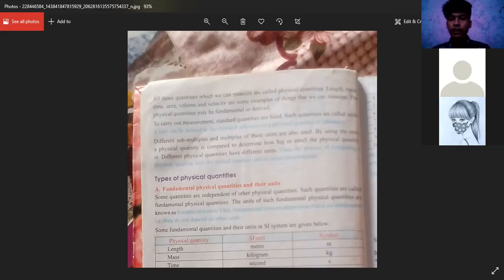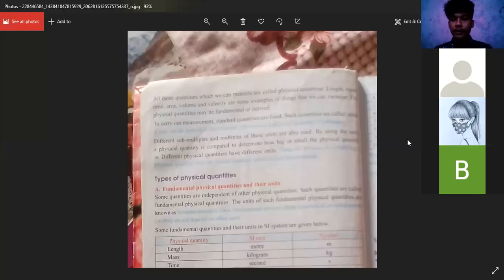But can you tell the anger in value? No. So that's why they are called non-physical quantities.